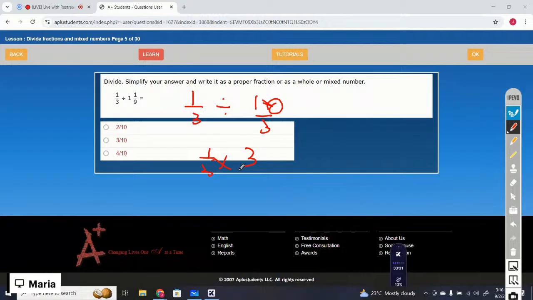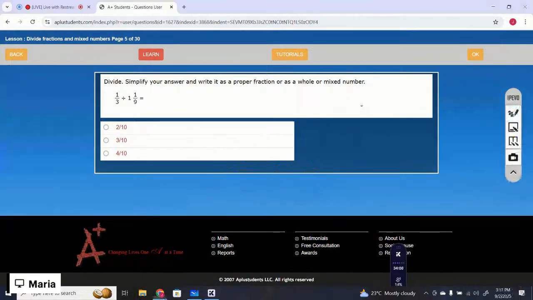Replace the division sign and reduce. That is 2 over 10. Option number 1 is the correct option.